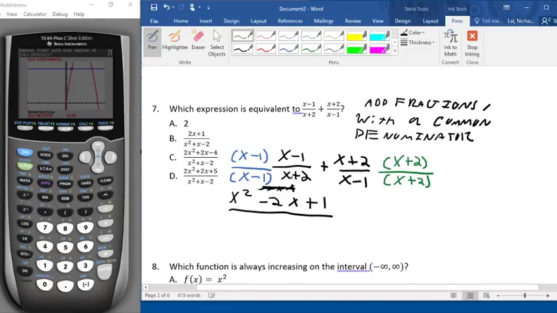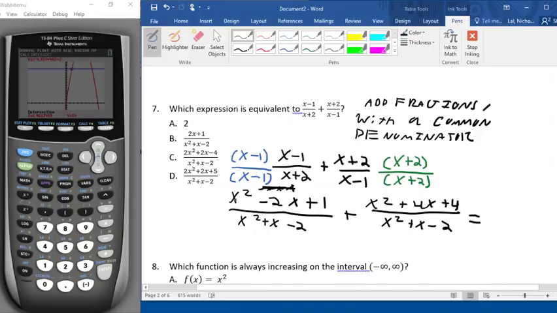That's going to be x squared plus 2x minus x minus 2, so x squared plus x minus 2. Plus x times x is x squared, x times 2 is 2x, plus 2x, plus 4, over the same denominator, x squared plus x minus 2.